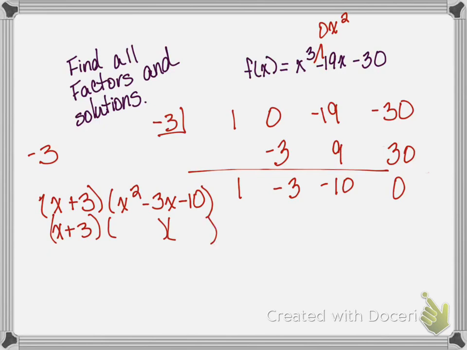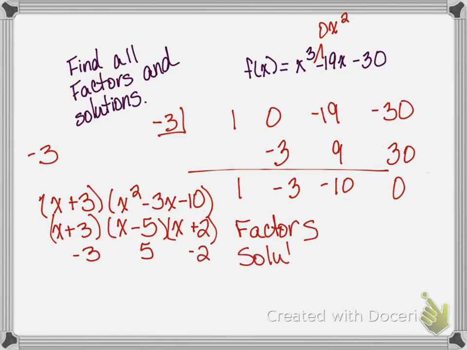I'm looking for 2 numbers that multiply to give me -10 and when I add them together give me -3. Good, -5, +2. These are my factors. My solutions are here.